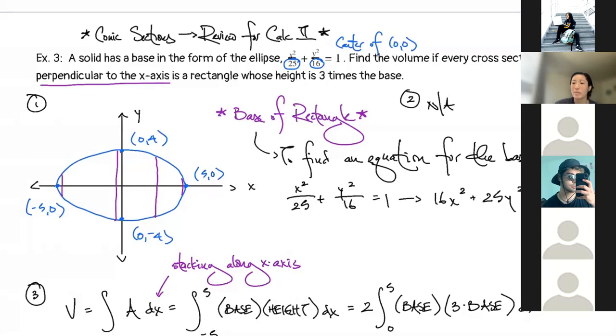Then I think it's a little bit easier to get y by itself because I need to subtract that 16x squared and I need to divide by 25. So I will get y equals the plus or minus square root of 400 minus 16x squared all over 25. Okay.